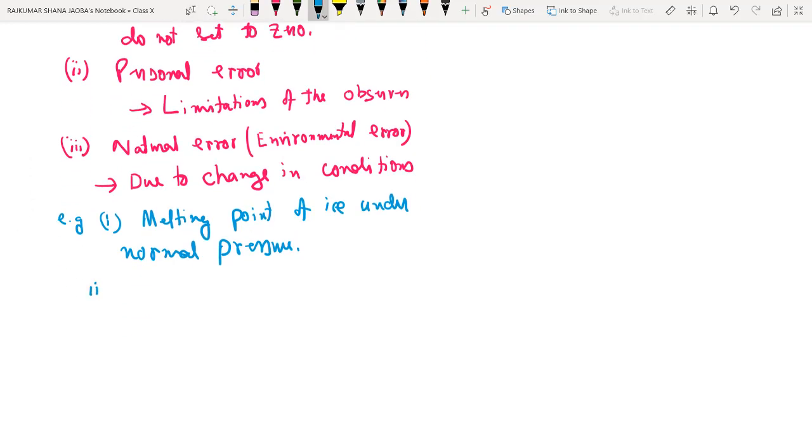Another case is the experiment of Ohm's law for measuring unknown resistance.